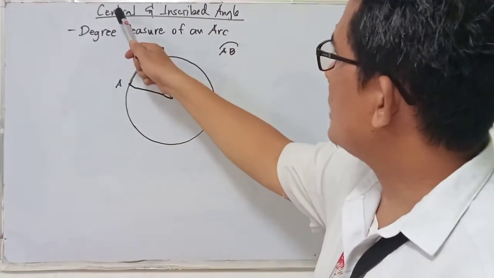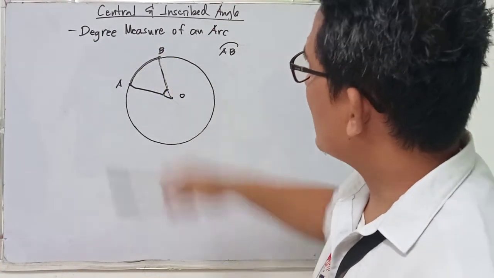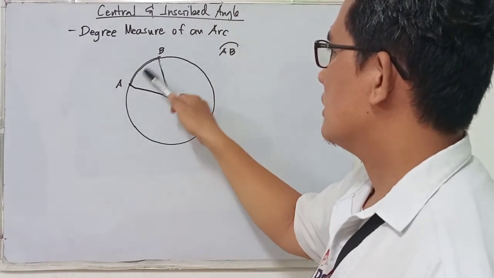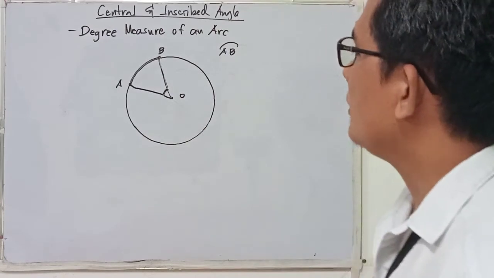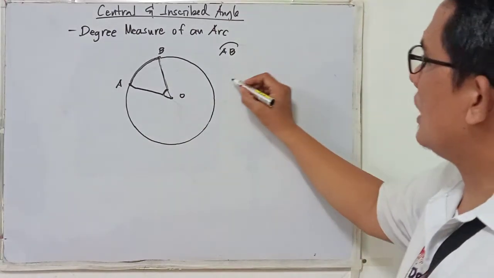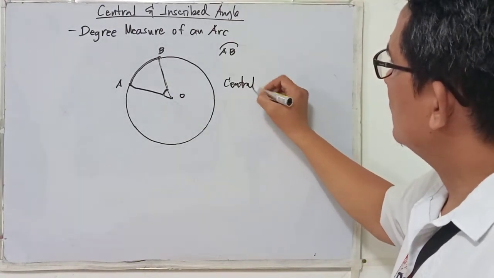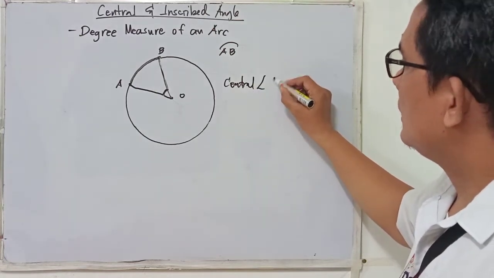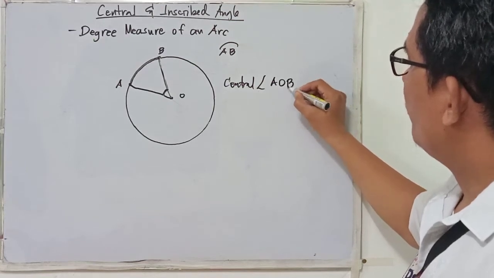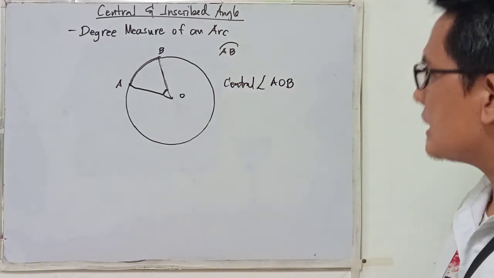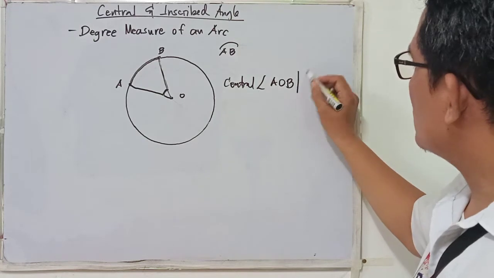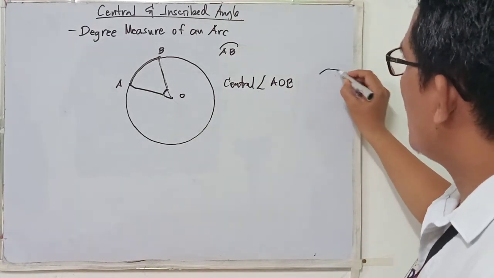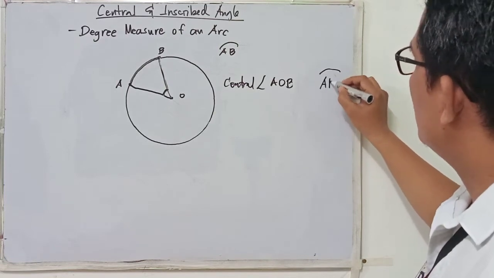So we have here a central angle, and what is the relationship of this angle towards this arc? That is angle AOB, and what is its relationship towards our arc AB?